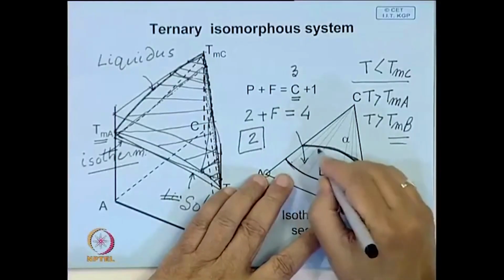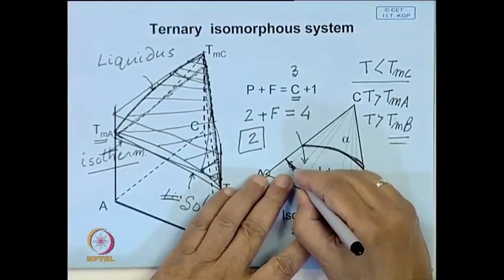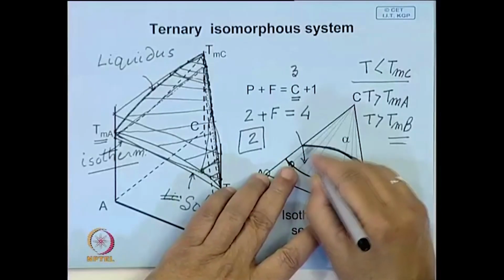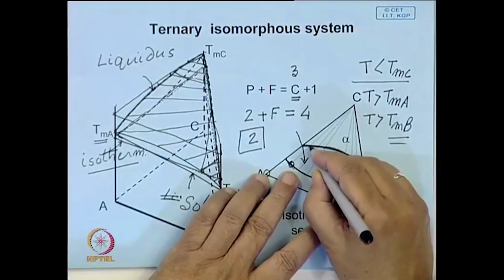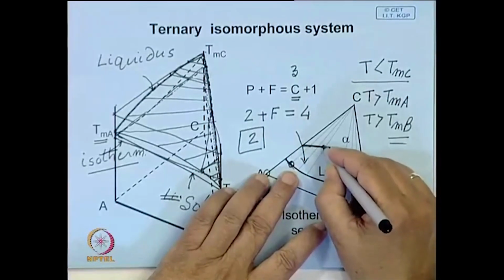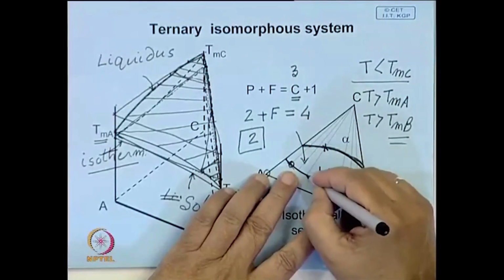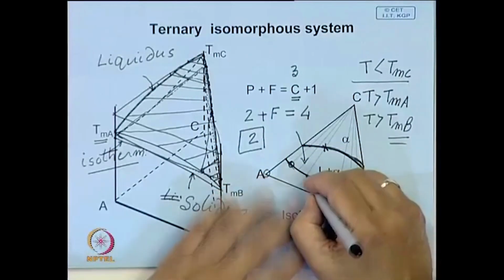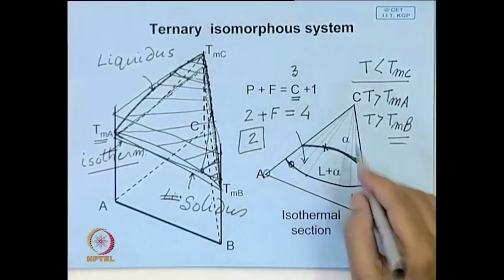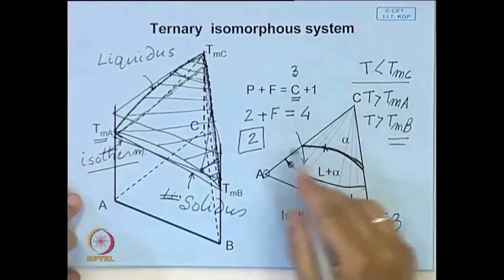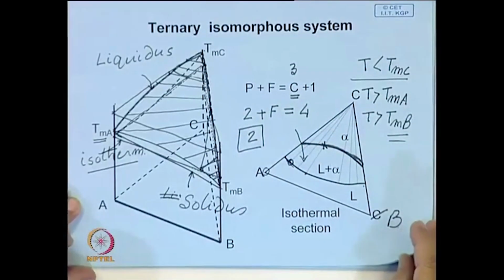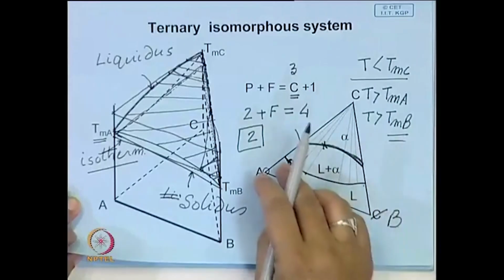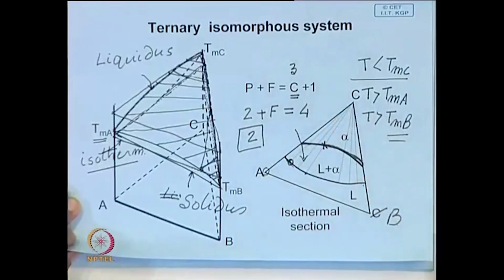Either you say my liquid has this composition, then you can calculate the composition of the solid, so the solid becomes fixed, or you say the solid has this composition, then the liquid becomes fixed. This we will see later when we talk about how we can apply the principles of thermodynamics to calculate this phase diagram.